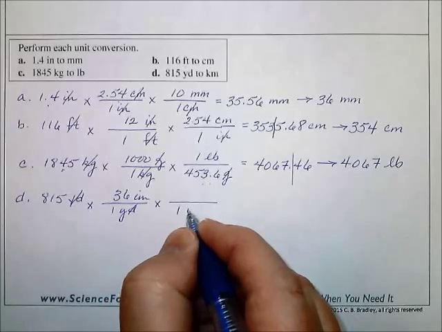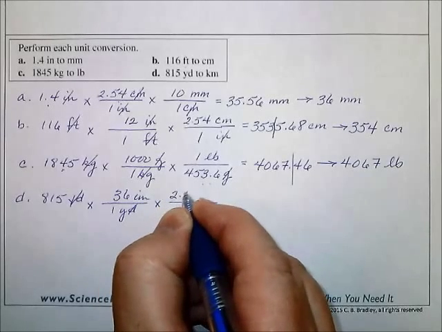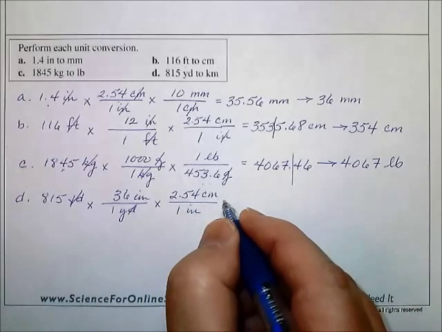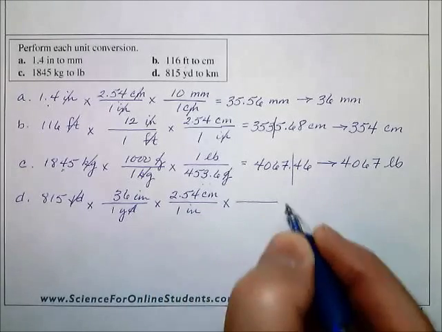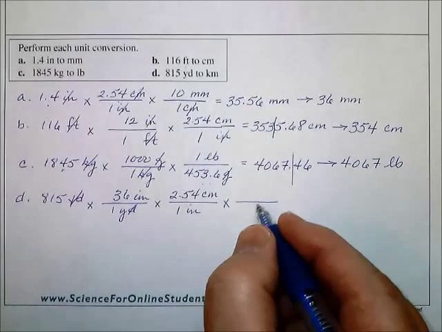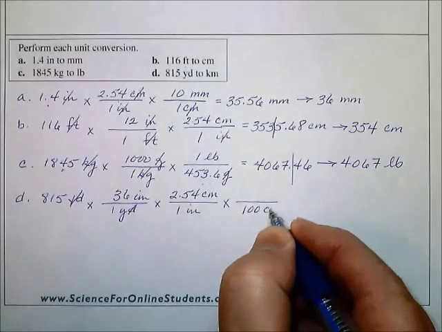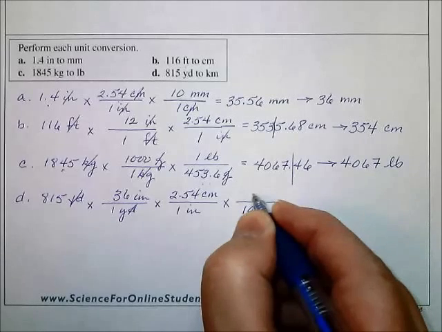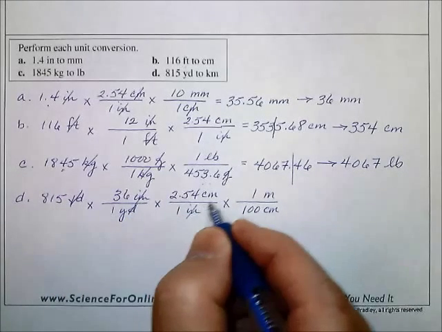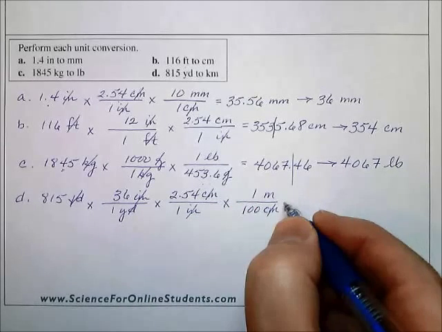Here's our English to metric conversion. 1 inch is 2.54 centimeters. We're going to kilometers, so we go to meters first. There are 100 centimeters in 1 meter. Inches cancel. Centimeters cancel.